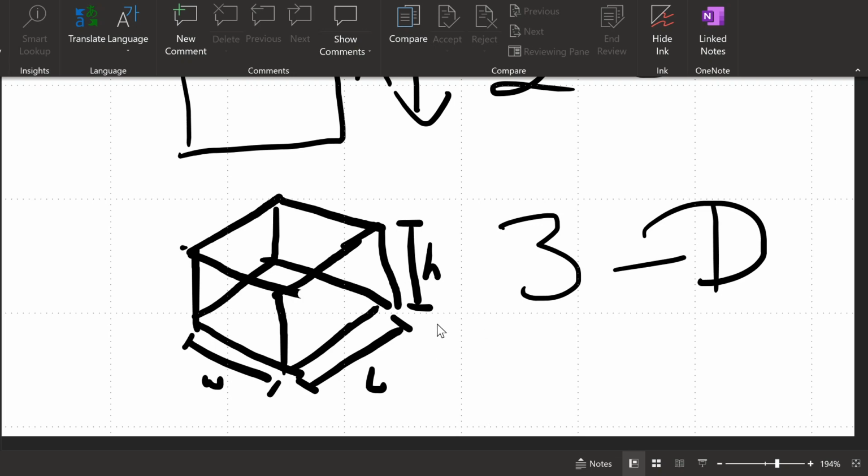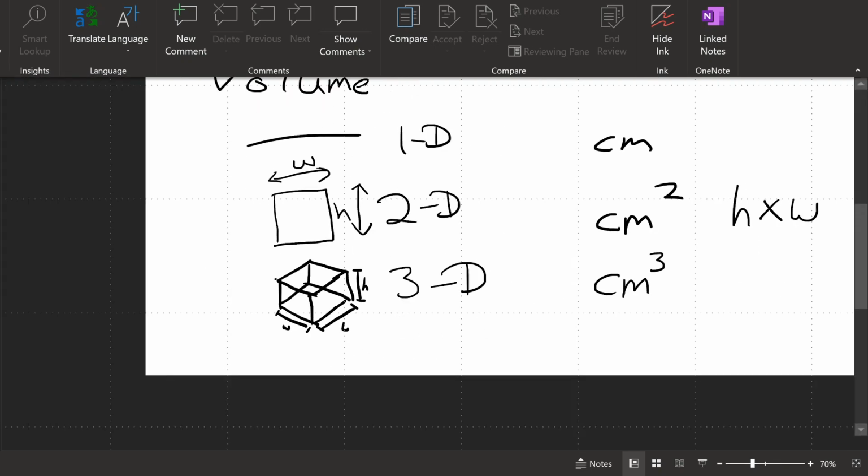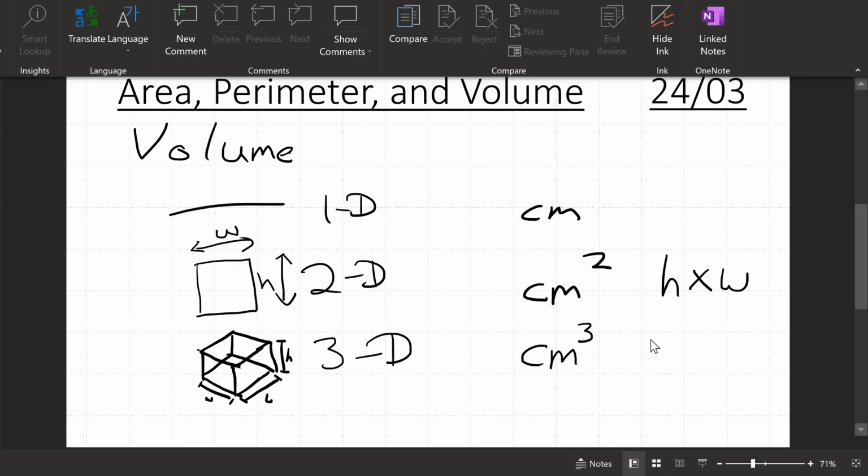Width by length by height. That is how we find volume. Very simple. Width by length by height. And the idea here is volume is just how much space the object takes up.